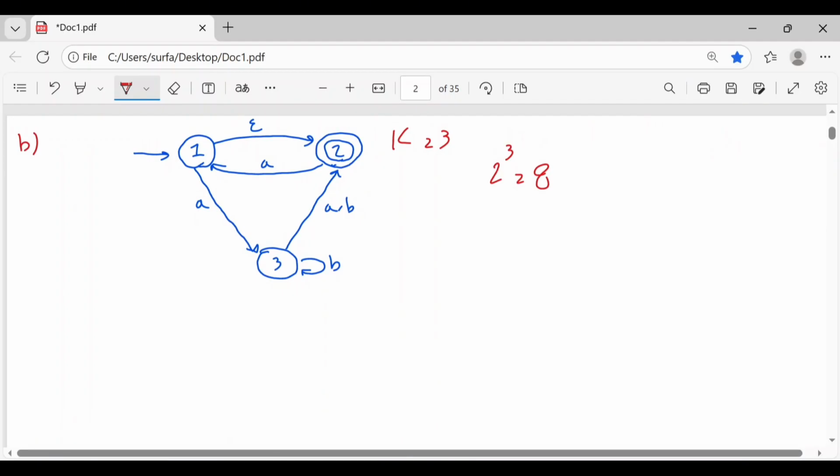In the first state, we are in 1, and also we have this epsilon transition here, so with any input we can go to state number 2.